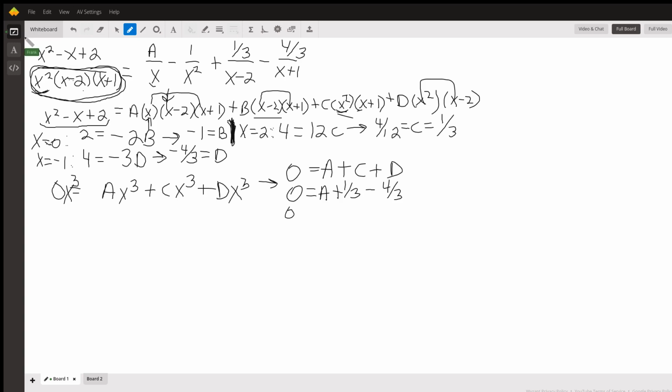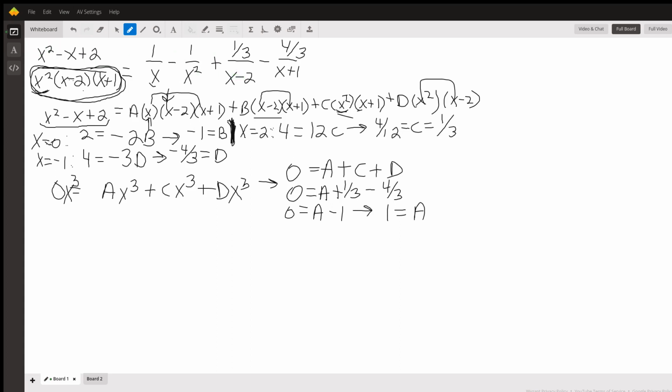So 0 equals a, 1/3 minus 4/3 is minus 3/3, or minus 1. 0 equals a minus 1. In other words, I'll add 1 to both sides. A equals 1. So now I found what a is. And I'll write it in there.